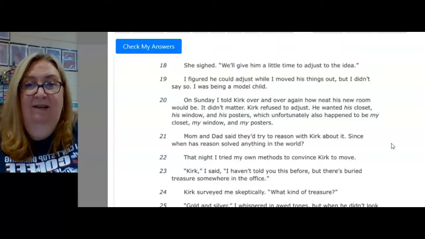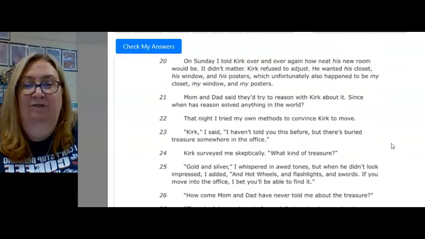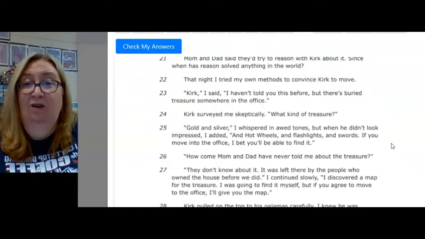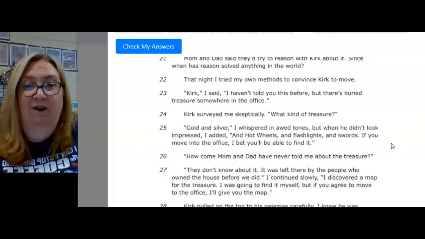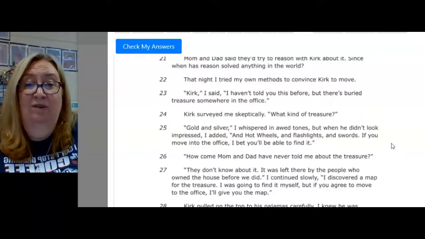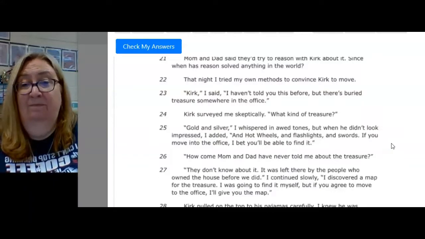"Kirk," I said, "I haven't told you this before, but there's buried treasure somewhere in the office." Kirk surveyed me skeptically. "What kind of treasure?" "Gold and silver," I whispered in awed tones, but when he didn't look impressed, I added, "and Hot Wheels and flashlights and swords. If you move into the office, I bet you'll be able to find it."